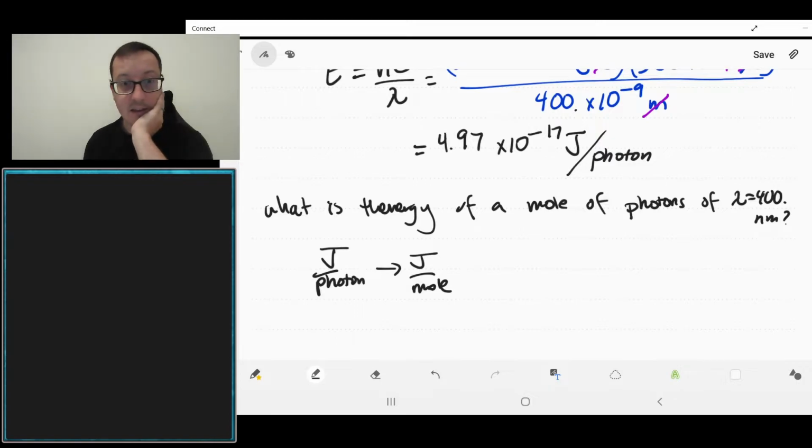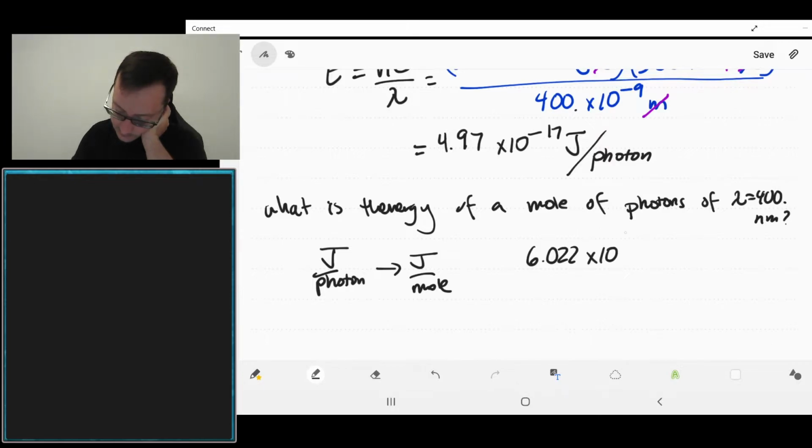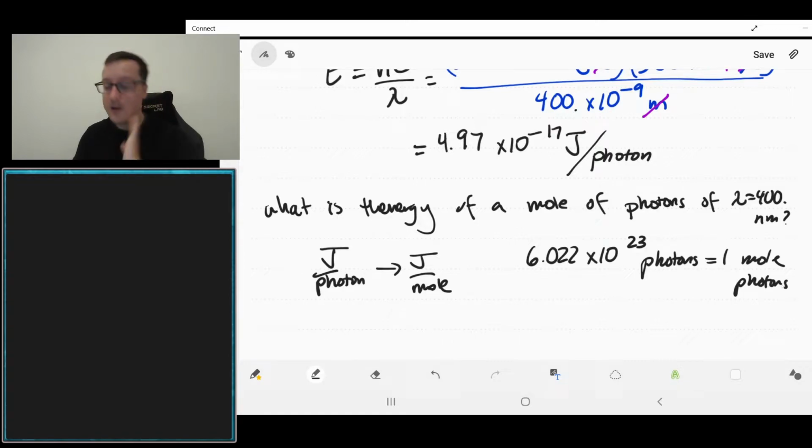Well, just like anything else, we can say there's a certain number of photons that will be a mole, and indeed, here is a conversion factor. Remember that one mole is Avogadro's number of anything. Doesn't matter what that is. So photons, we'll say. So if we have joules per photon and we want joules per mole, how many photons in one mole? And we can just use this.